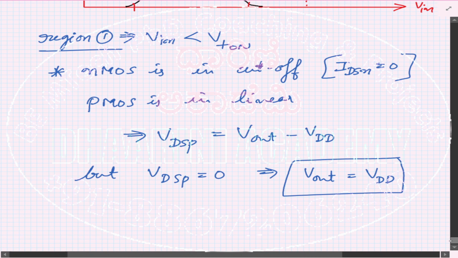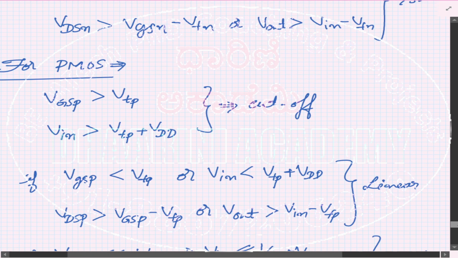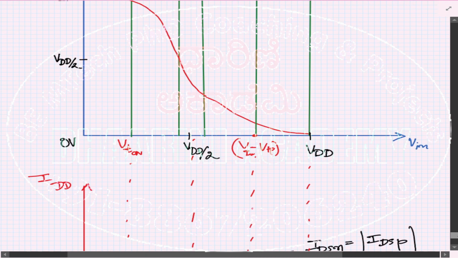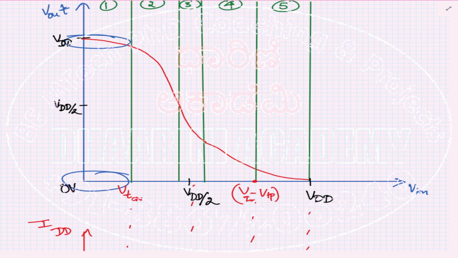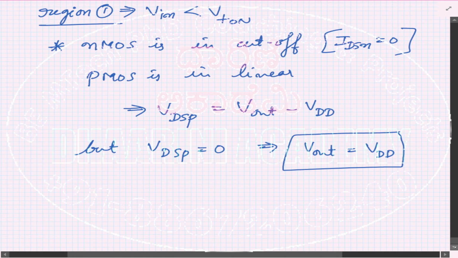Correct? So let's come back to this. Whenever this region is the input, output is actually close to VDD. That's what we justified now, with the equations. Now let's move further. In case of region 2, you just have to check the condition.